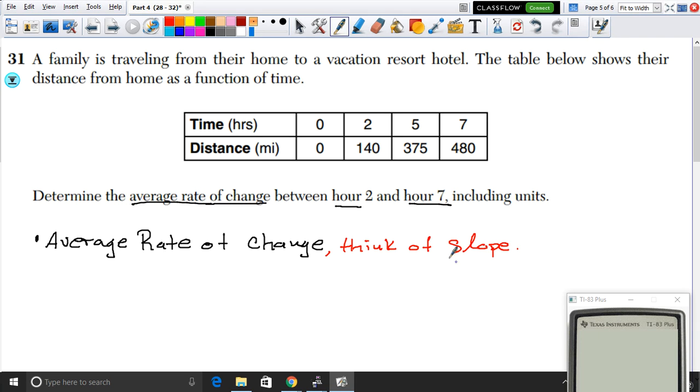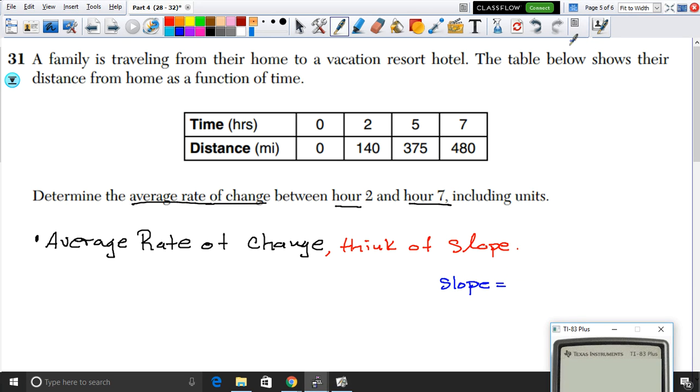And if you remember, the slope, which they use the letter m, you can define as m equals y2 minus y1 over x2 minus x1. So when you've been asked to find the average rate of change, you need to start thinking, well, I need to find the slope, because slope will always give you the average rate of change.